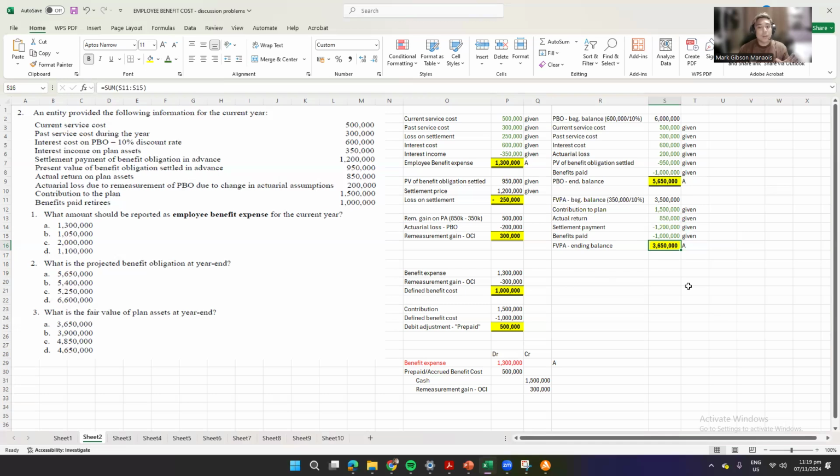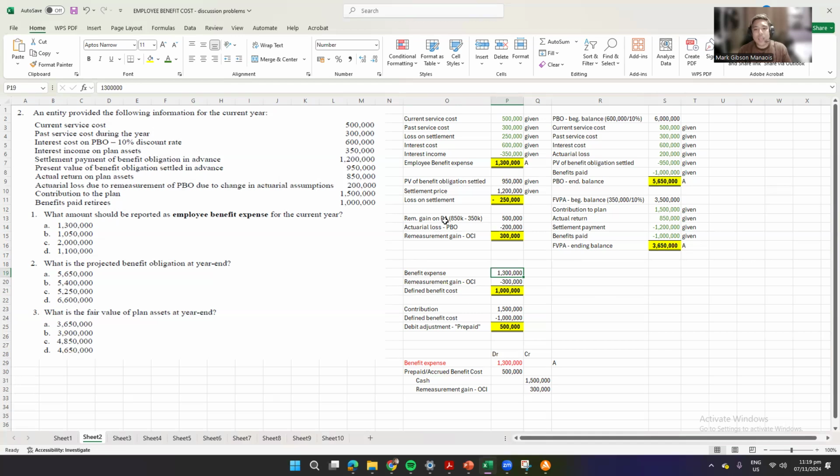So ito class, as you know, dun sa problem 1, there are other requirements, no? Hindi na hinanap dito sa problem 2, but just the same, I have provided you the calculation here, no? So for example, how much would be the defined benefit cost, no? So we have the benefit expense of 1,300,000. So in this case, we have to compute, no?